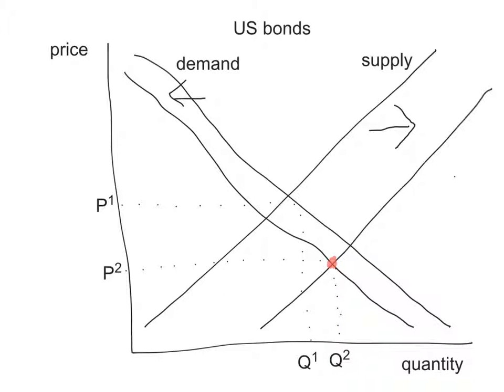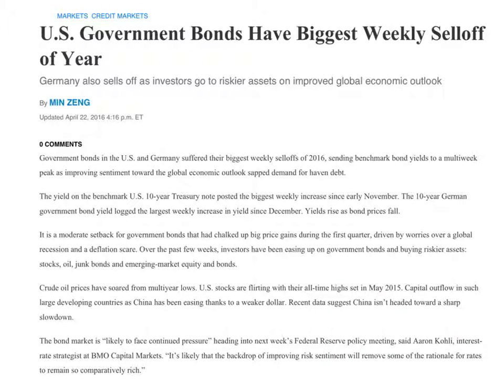Let's do one more example. So here's part of another story, and we will use it to illustrate the same demand and supply forces at work. So this story is talking about how yields went up for US bonds, and there's an explanation for why the yields went up, and the explanation has to be that bond prices fell.